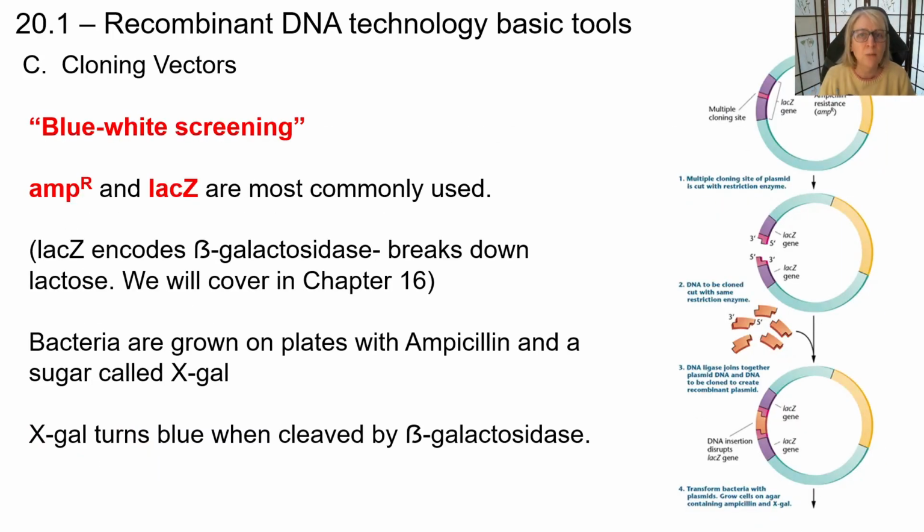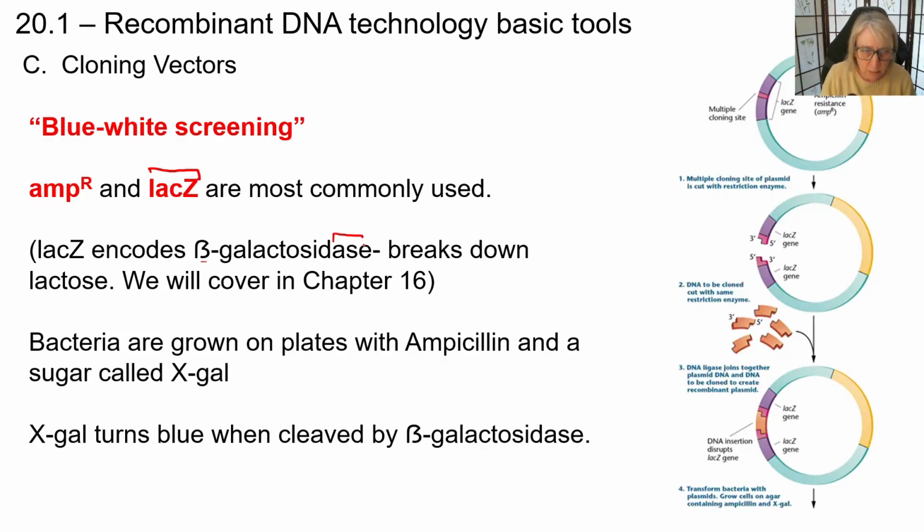The most common way this is used is a process called blue-white screening. We're going to have an ampicillin-resistant gene and the LAC-Z gene. This is a gene that controls lactose metabolism. It encodes, and so I put this in parentheses, when we get to chapter 16 we'll talk more about it, a gene called beta-galactosidase.